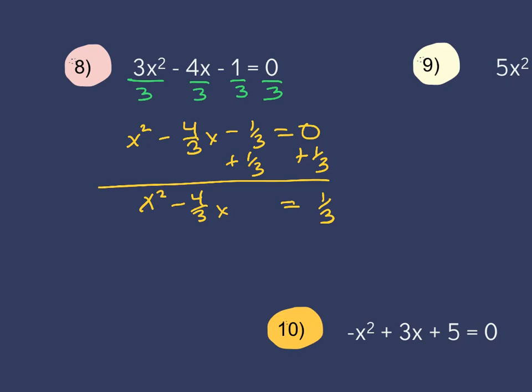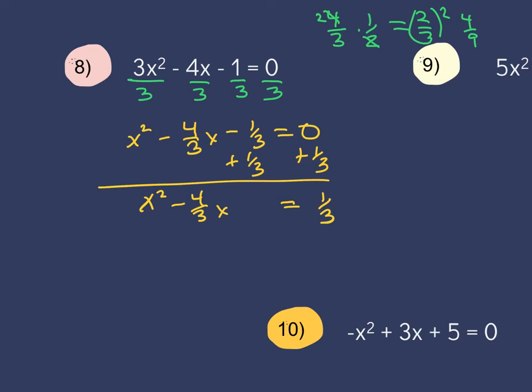Take that 1/3, or I'm sorry, the 4/3, and we're going to divide it by 2, which is times by a half, and then square it. So 4/3 times 1/2, simplify, gives me 2/3, square it, and I get 4/9.